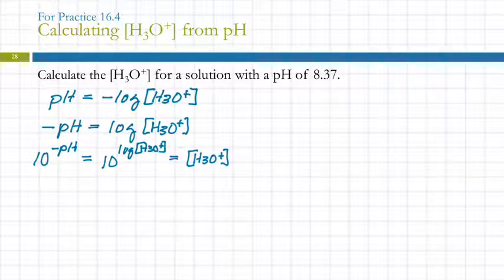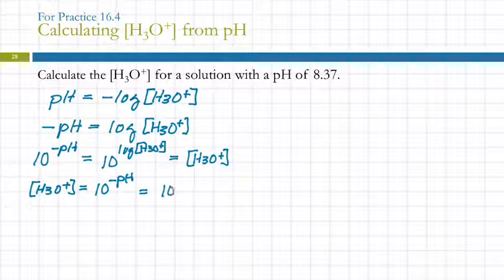So there's another equation. H3O plus concentration equals 10 raised to the power of the negative pH. So for this example, the pH is 8.37, so I've got 10 to the negative 8.37. So I'm going to do my 10 to the x button and put in negative 8.37 and press equals.